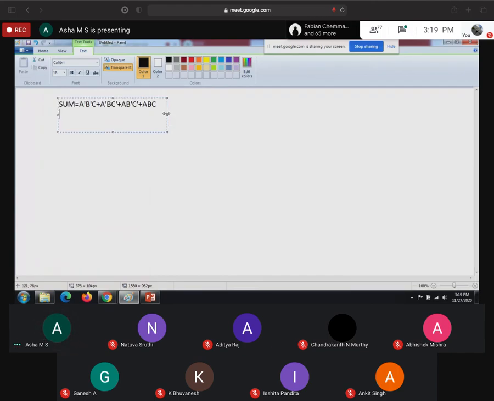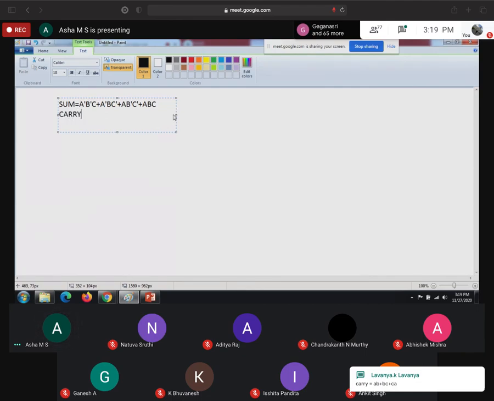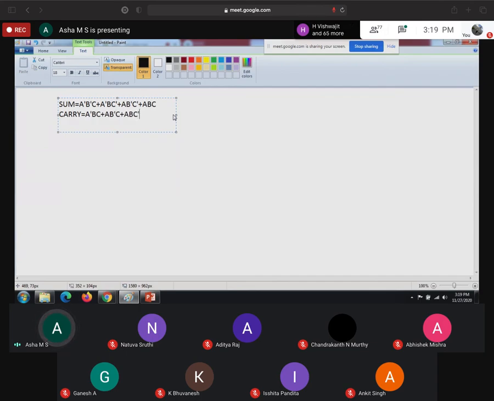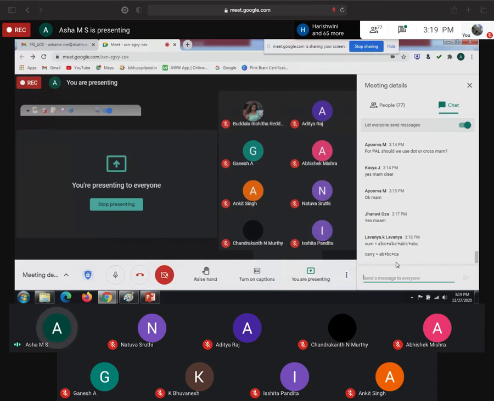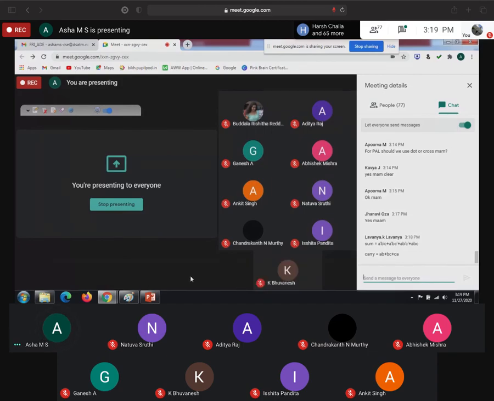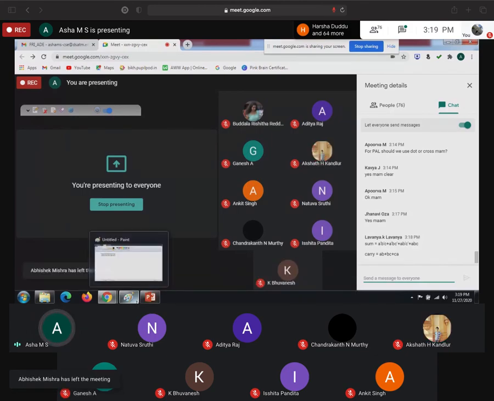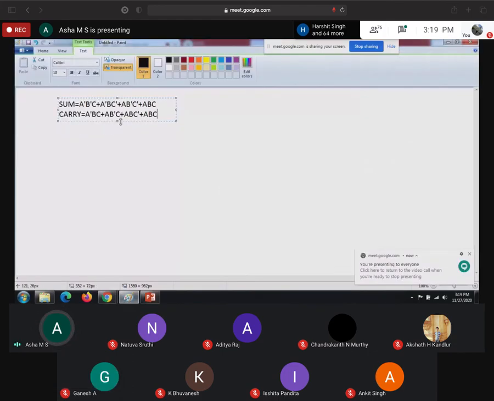Similarly, carry equals A bar BC plus A B bar C plus A B C bar plus ABC. Is the equation correct? It's correct, right? The carry equation you can keep as it is here. In the last class I reduced it just to show that the fourth AND gate won't be used. Otherwise, you can keep it as it is and do the connection. So we'll keep it as it is and do the connection.